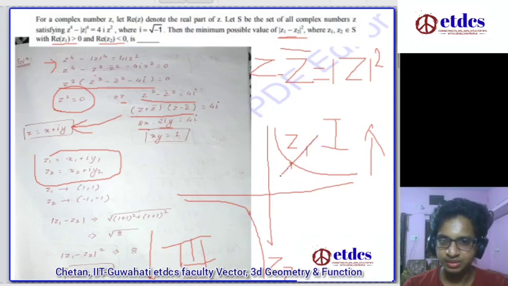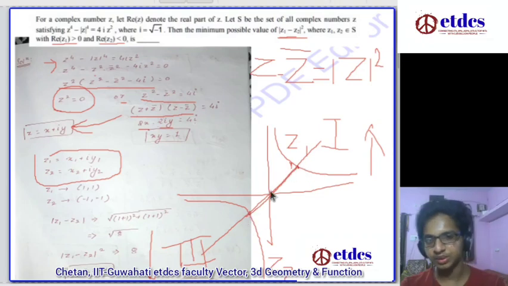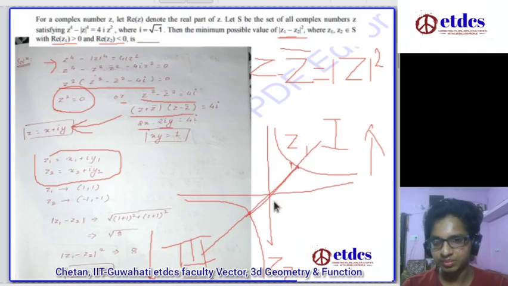It's like this, if I take a straight line like this, x is equal to y. So let this be z1, this will be z2. So this distance will be minimum, because when we check the tangent and slope equation it will get perpendicular.